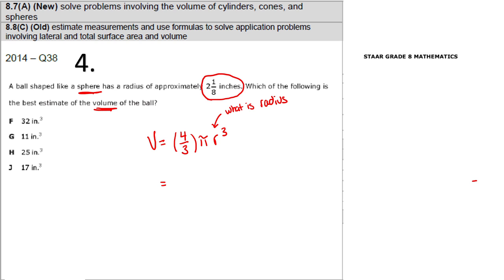Now the easiest way to handle this, we can turn it into an improper fraction, or we can turn this into a decimal. The way we turn it into a decimal using our calculator is to type 1/8 into our calculator.